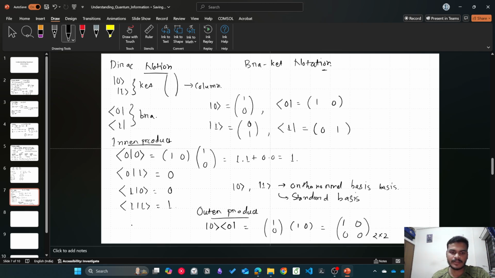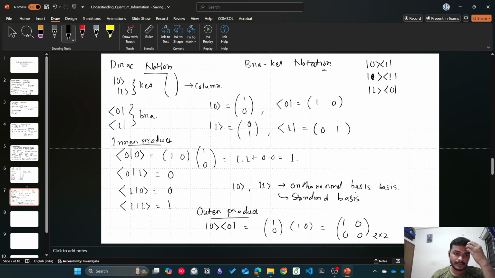This is the matrix you'll get. Similarly, you can get this matrix for, let's say, 0 and 1. 0, 0, 0 is done. So you can get it for 1 and 1 and for 1 and 0. These are the 4 outer products that you can get.